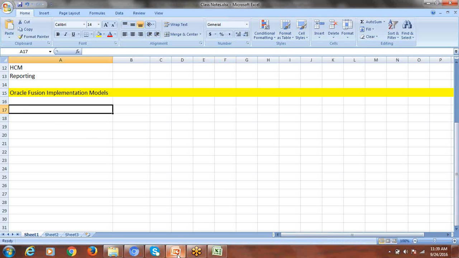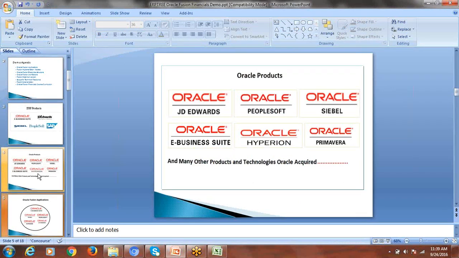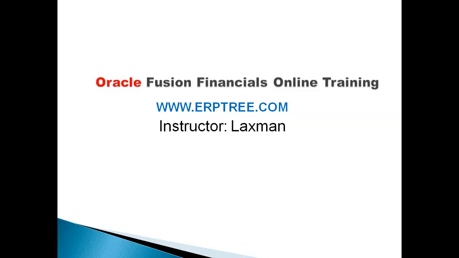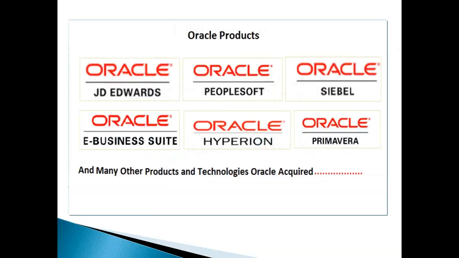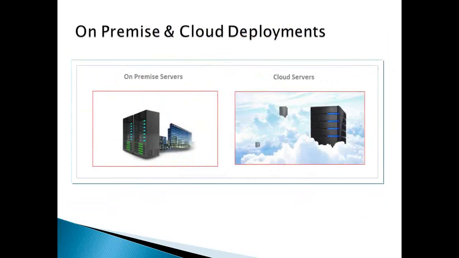Here we basically have a primary classification, and the very primary classification would be the deployment. If any company is going to implement Fusion Applications, they can go with one of two options: on-premise or cloud.